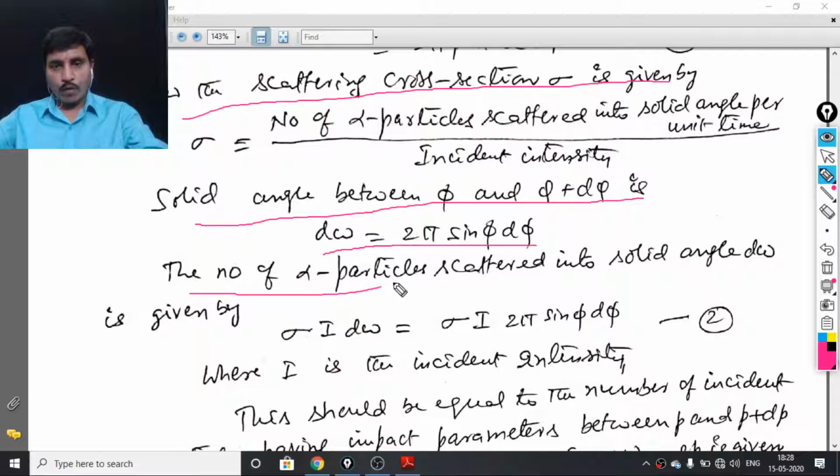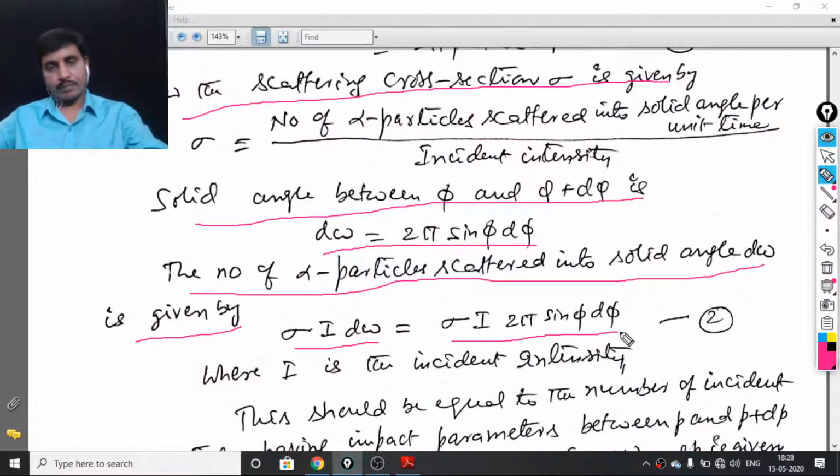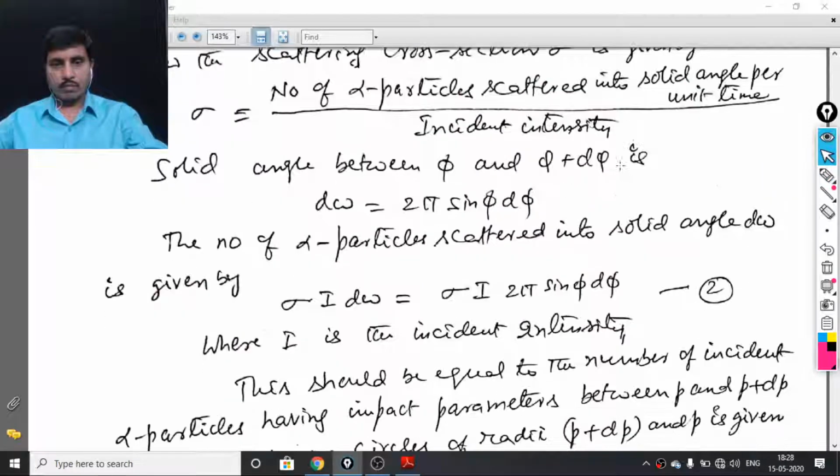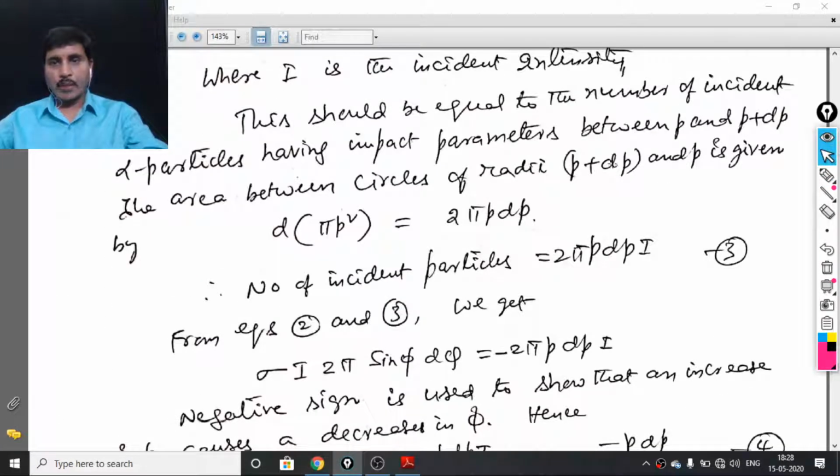The number of alpha particles scattered into solid angle d omega is given by sigma I d omega, equal to sigma I 2 pi sin phi d phi, where I is the incident intensity. That is equation 2. This should be equal to the number of incident alpha particles having impact parameters between p and p plus dp.